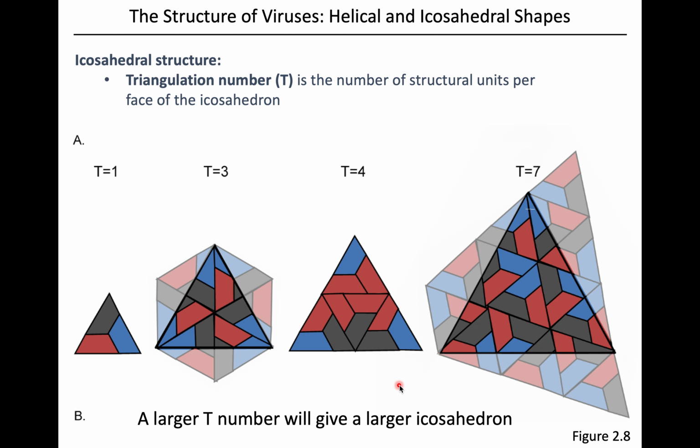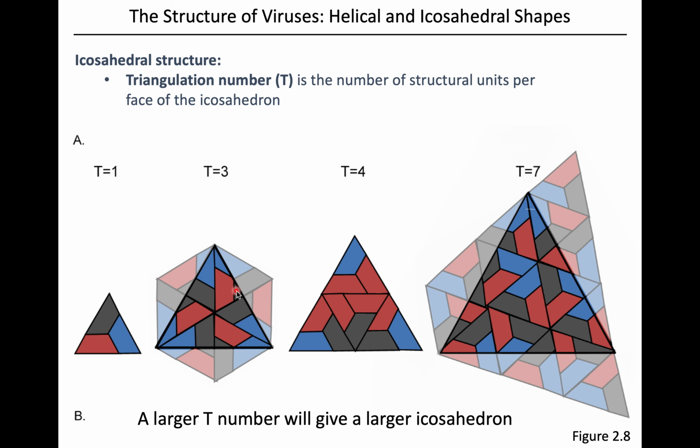Another important term in reference to icosahedrons is the triangulation number, which is basically an indication of the size of an icosahedron. The triangulation number is the number of structural units per face. In this example, we have a triangulation number of 1 because we have one structural unit. That one structural unit is made of 3 different proteins, but it's one structural unit per face, versus a triangulation number of 3.